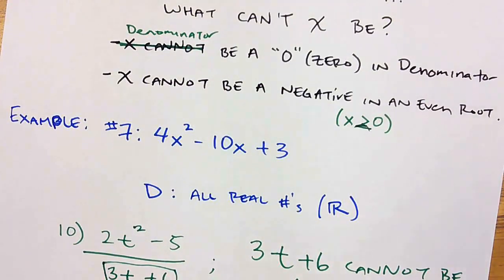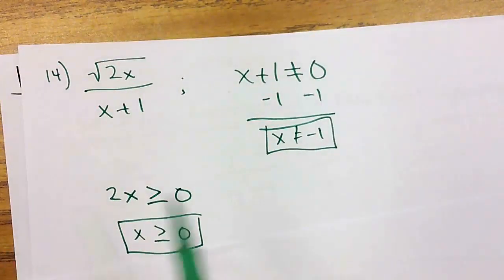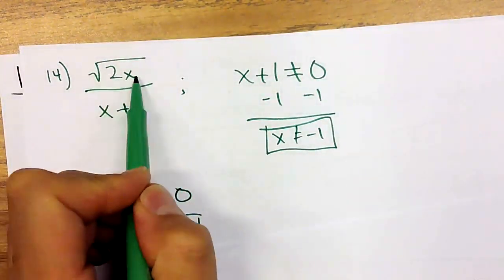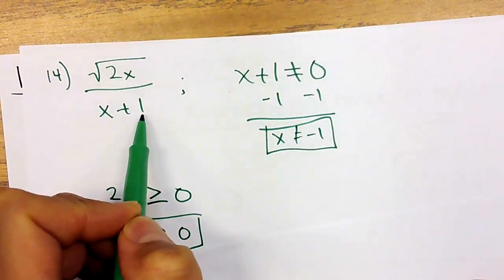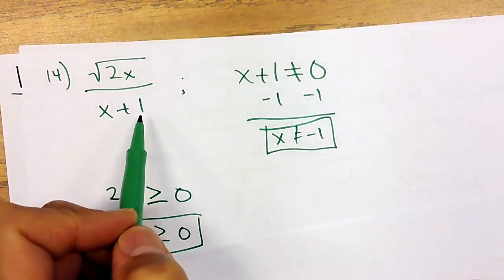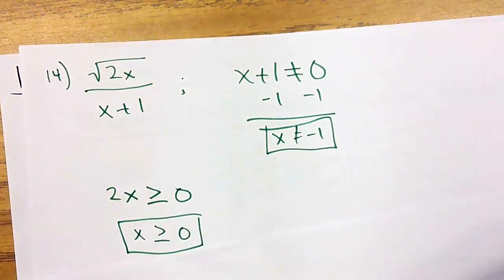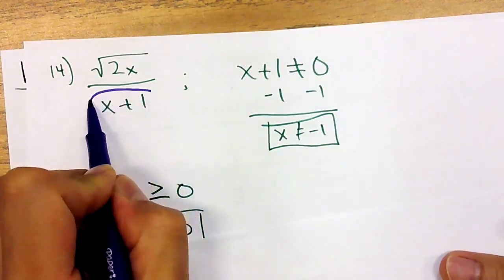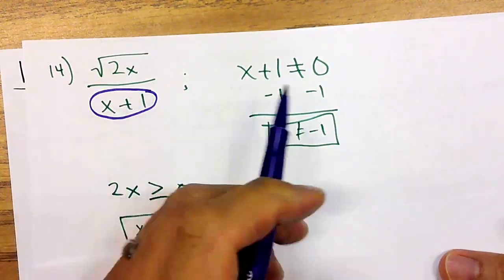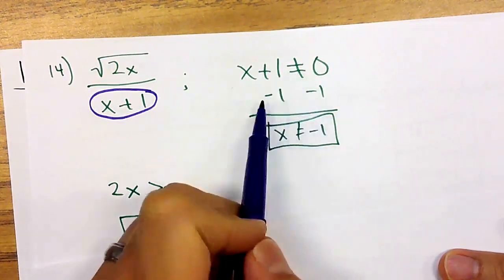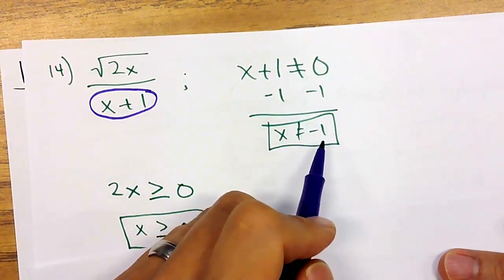So here, again, I have an example: the square root of 2x divided by x plus 1, and we're just getting the domain. Since x plus 1 is in my denominator, this whole thing cannot be 0. So I subtract 1, so x cannot be negative 1.